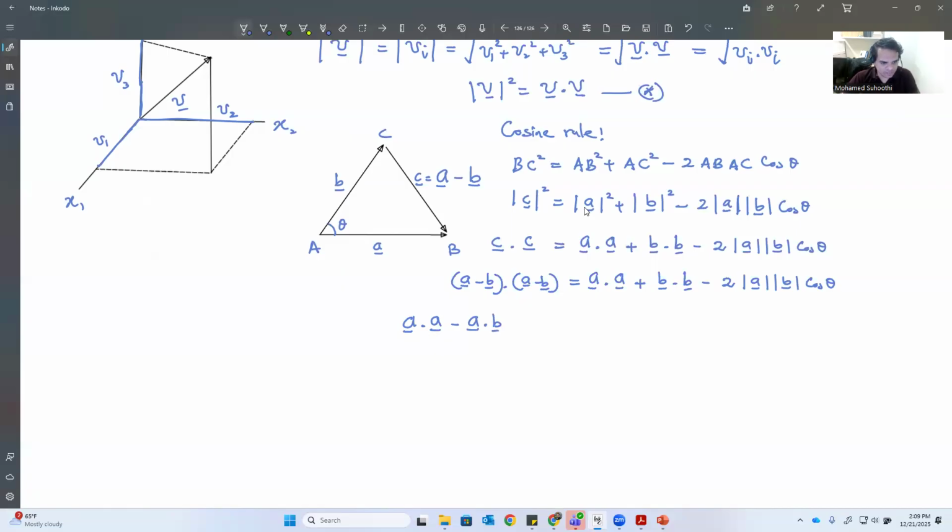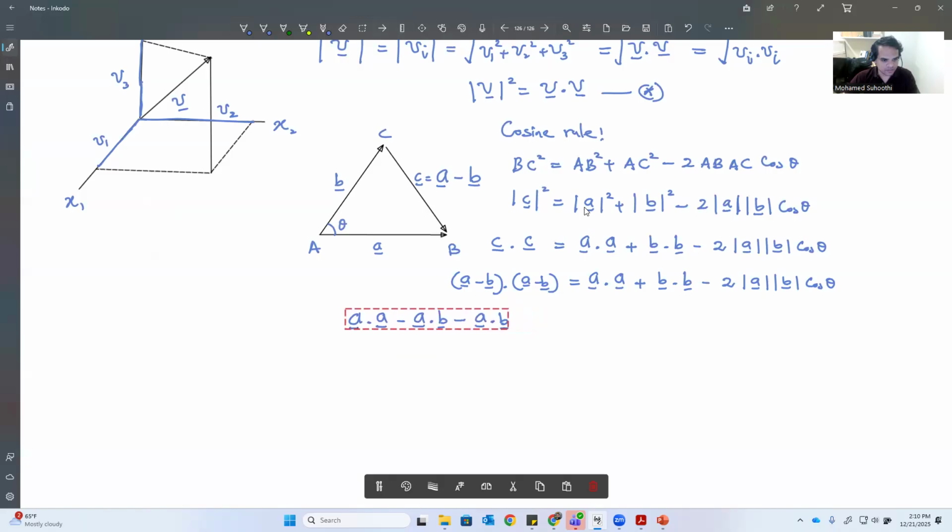Again, this side, minus B dot A. This is a scalar product, so you can switch it, nothing will change. That means A dot B. Finally, minus b into minus b becomes plus b vector times b vector.